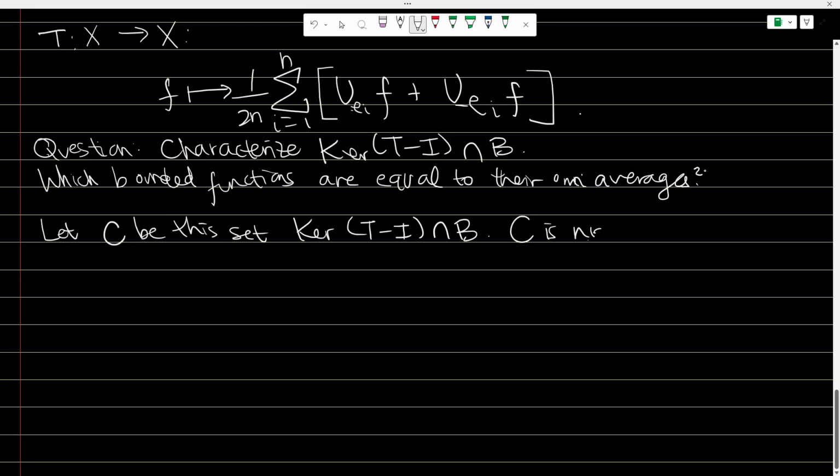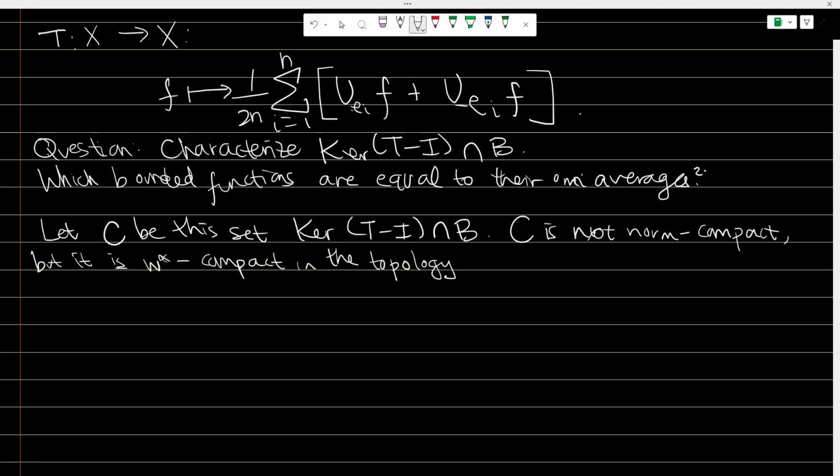C is not norm compact, but it is weak-star compact in the topology coming from the pre-dual, L1(Z^n).